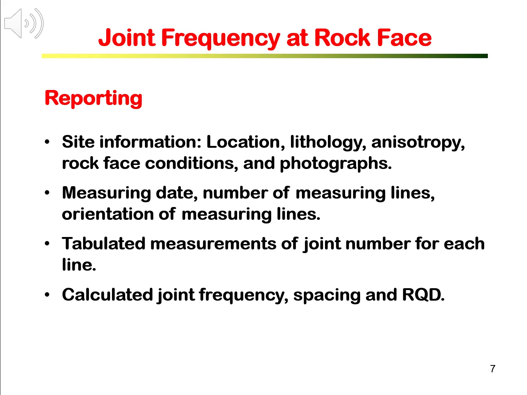C. Tabulated measurements of joint number for each line. And again, you will have a number of lines to be measured. D. Calculated joint frequency, spacing, and RQD for each line, and probably also the average for the whole rock face.